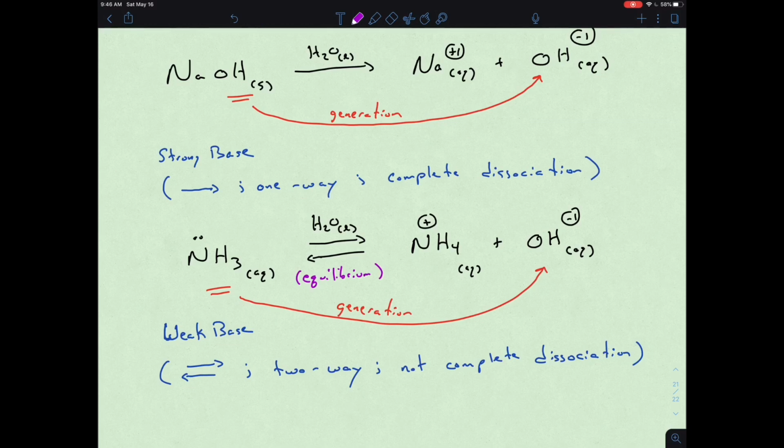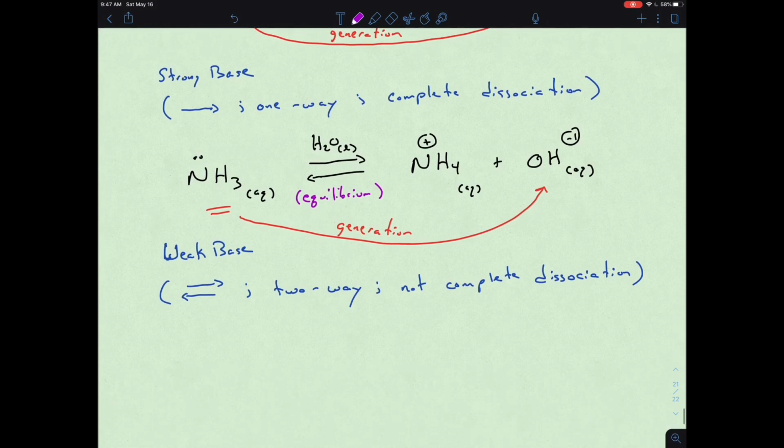So those are some examples of acids and bases, and they're very reactive with one another. And the reaction that is involved with acids and bases is known as the neutralization reaction.